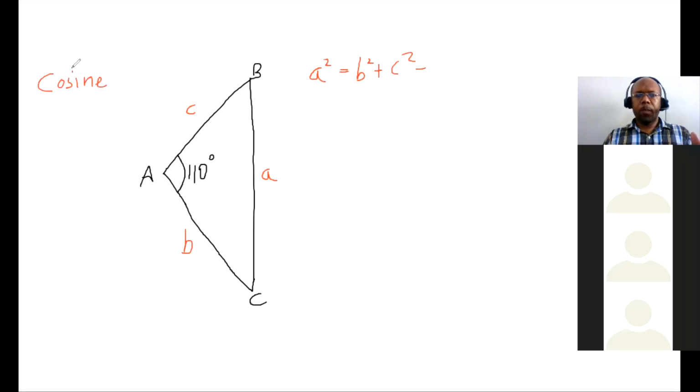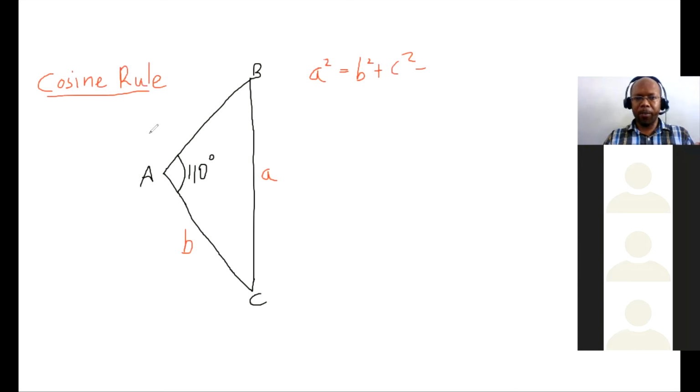Whenever you're missing one of the sides and you have an angle between two given sides, you can use the cosine rule. So when you have an angle between two given sides, you can use the what? The cosine rule.